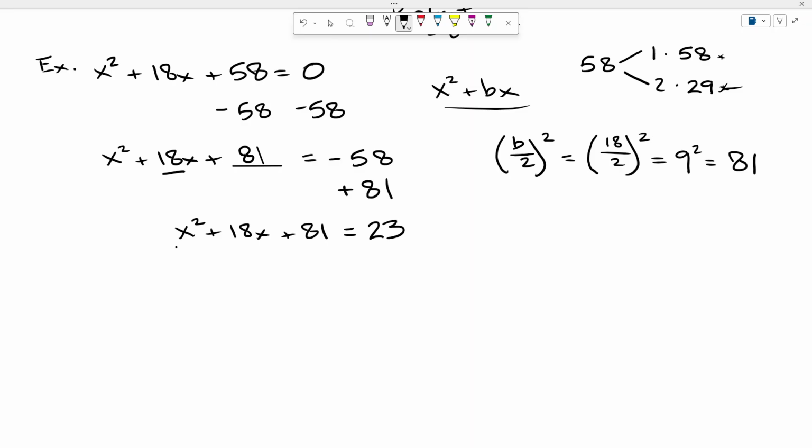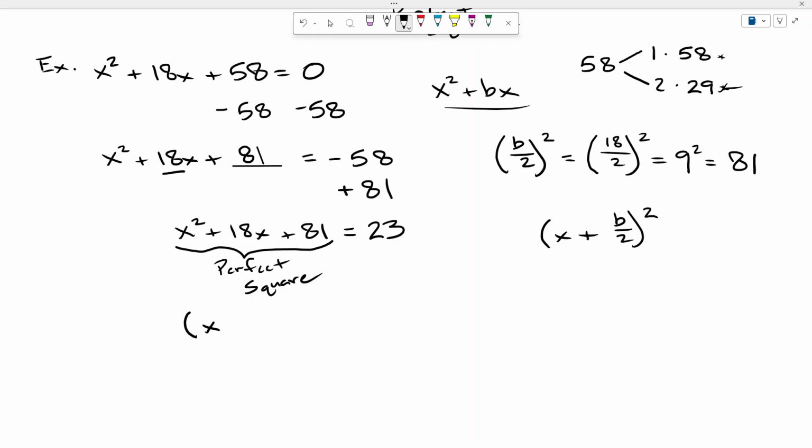Okay. And again, by virtue of completing the square, we made ourselves a perfect square on the left side. This we could factor, or otherwise, if you remember the formula, on the left side we end up with x plus b over 2 squared, whichever way you want to go about it.